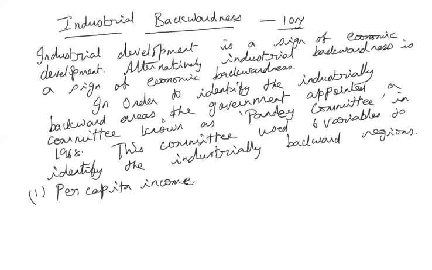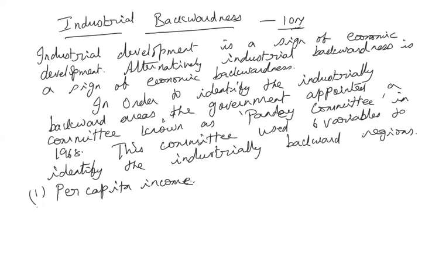Countries with low per capita income fall under the category of developing or underdeveloped countries, and countries with high per capita income are categorized as developed countries. In the same way, within the country also, what is the per capita income of one state compared to another? Whichever state has the high per capita income is automatically considered a developed state compared to the other states. So that is the first variable.